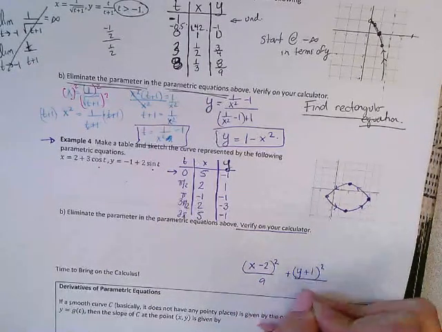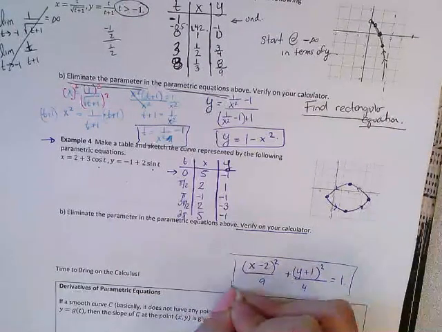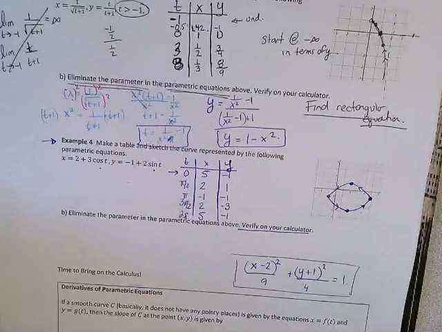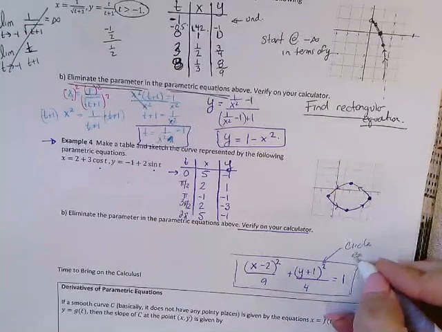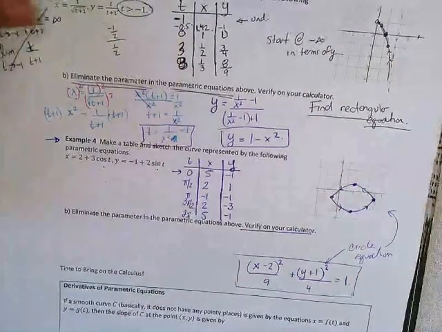And we'll talk more about this one tomorrow. So here is my rectangular equation. Okay, you could have left it in y equals, but you'll see as you are solving it that it's going to be easier to write it in this form. And remember, this is the circle equation, which makes sense because we graphed a circle.